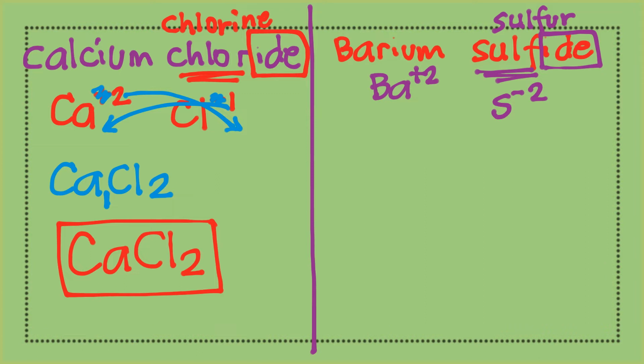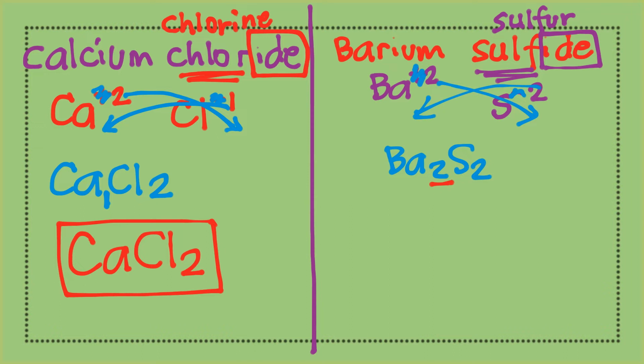So we got the identities down. Don't forget, you take out the positive, take out the negative, and switch the numbers. This becomes Ba followed by a 2, S followed by a 2. Now look, are we done? Not yet. Remember, we want to report these numbers in the lowest possible terms. So think of a number to divide 2 and 2 by to get a lower set of numbers.